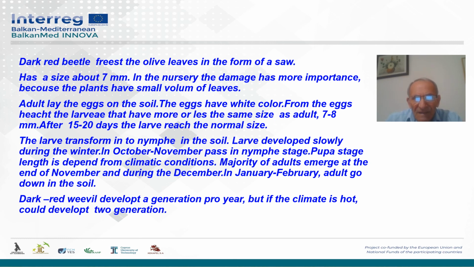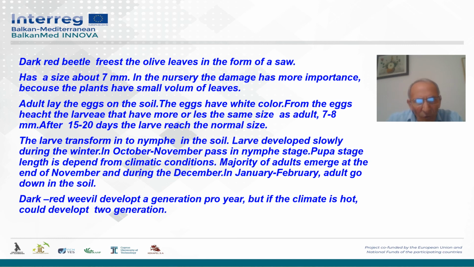In nurseries, the damage has more importance because the plants have a small volume of leaves. Adults lay the eggs on the soil. The eggs are white. From the eggs hatch the larvae, which have more or less the same size as the adult, 7 to 8 mm. After 15 to 20 days, the larvae reach the normal size.